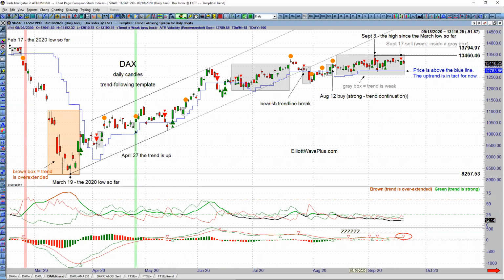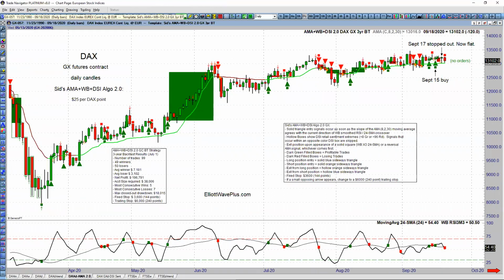On the trend following system, we got a negative MACD crossover after a very long period of snoozing. The MACD indicator has hardly gone anywhere during this sideways business. This very narrow consolidation pattern is very likely to break out, and I think the breakout direction will be to the downside, and I think that breakout is relatively imminent.